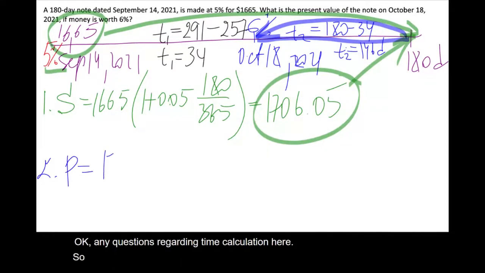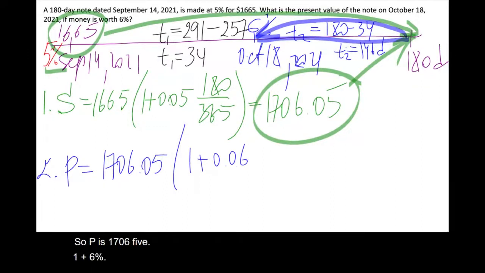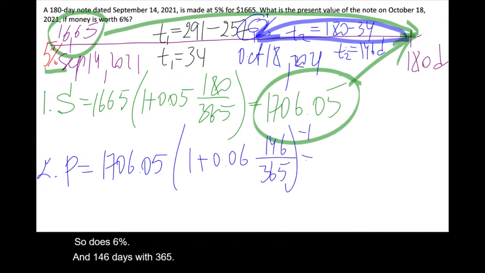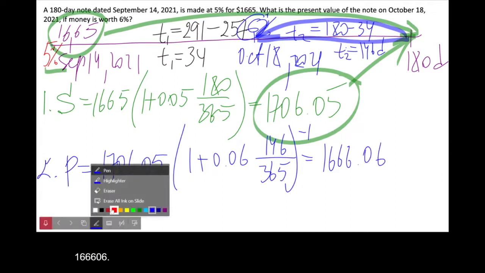So P is 1706.05 times (1 plus 6% times 146 days over 365) to the power of -1. That gives 1666.06. So that is the price.